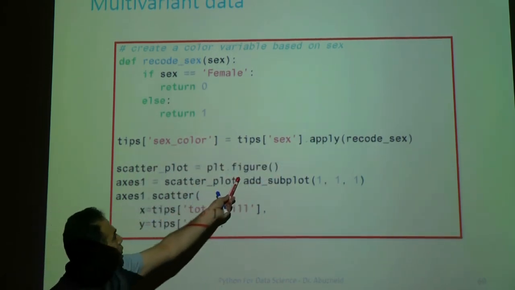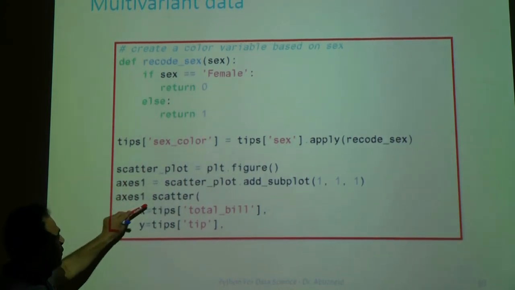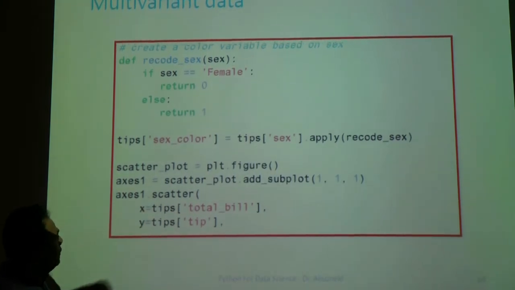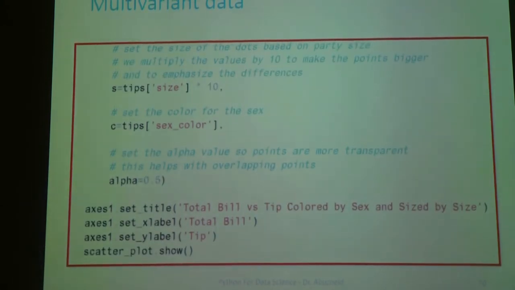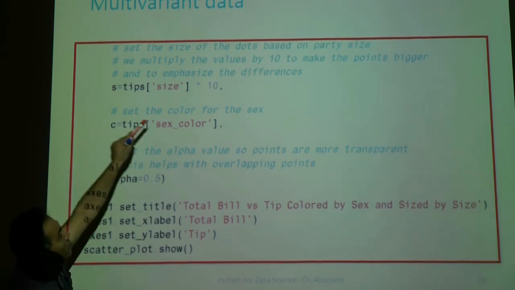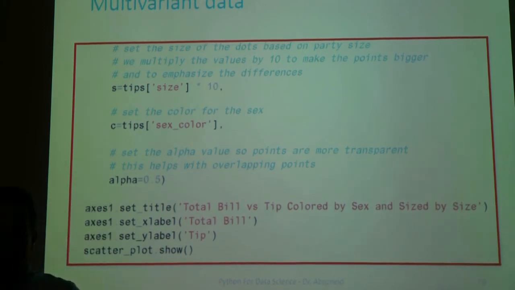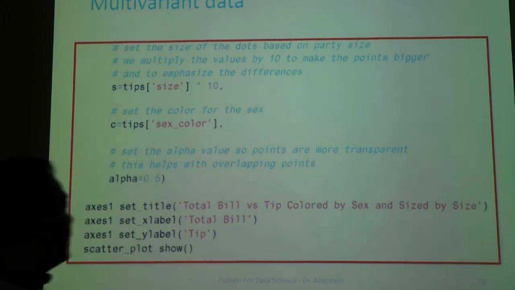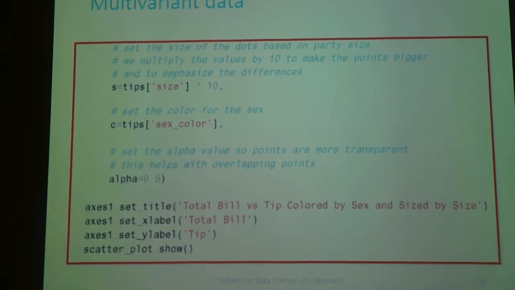Then you're creating the figure, you're saving the object, then the axis, alright, and it's a scatter, and you're gonna draw x, which is the total bill, with the tips, and you're gonna determine s for the size, so you multiply it by 10, the size of the table, how many people on the table. So the size of the circle will tell you how many people are on the table, and the color will tell you the gender.